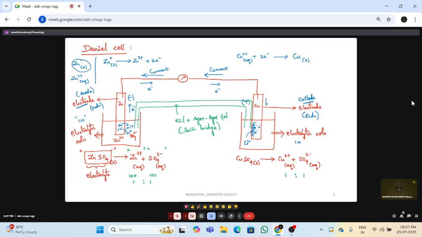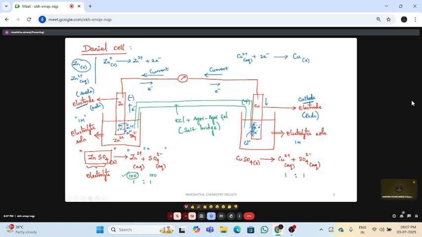For example, initially I had zinc ions as 100. I'm going to tell you a hypothetical number. If I dissolved zinc sulfate, initially let us say the zinc ions present inside the solution are 100. But during the oxidation process, zinc atoms dissolve inside the solution as Zn2+ ions, right?